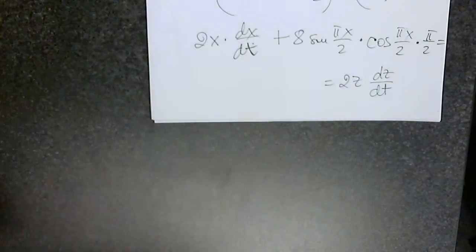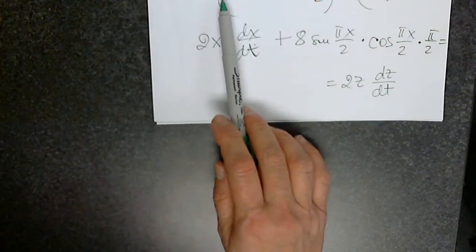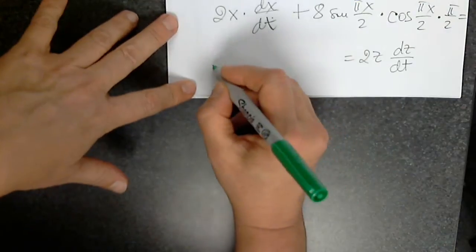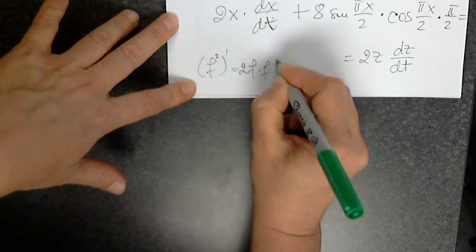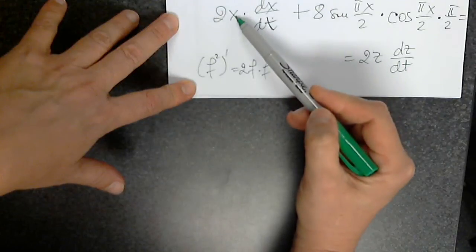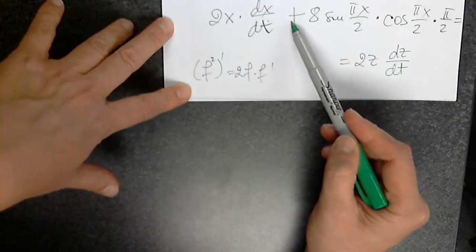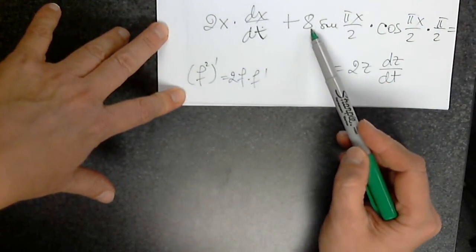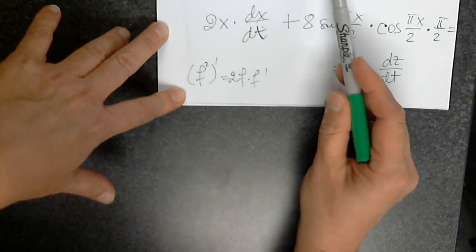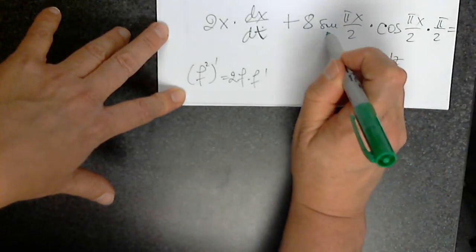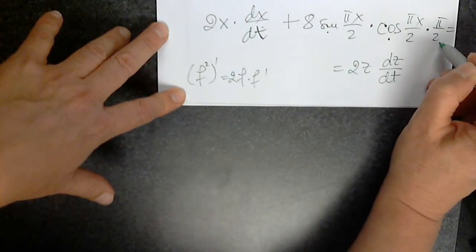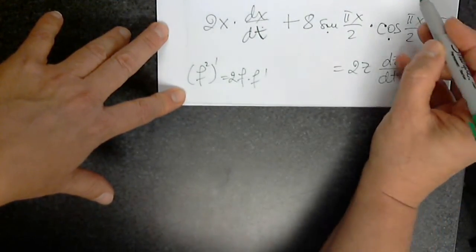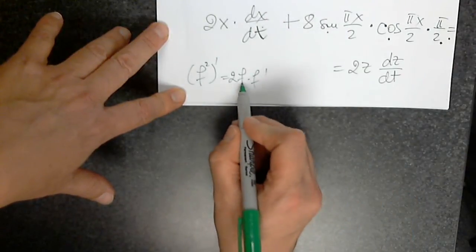Let's do this one more time. X is a function of t. So when I differentiate a function squared, I get 2f times f prime, plus 2 times 4, 8, sine to the power 2 minus 1, times sine prime, which is cosine, times the inner function prime, which is pi over 2, equals 2z prime.